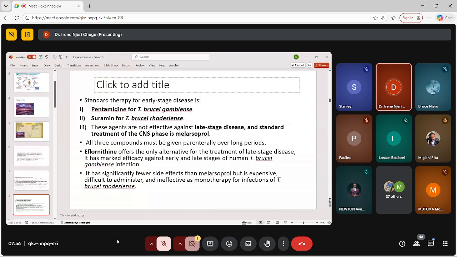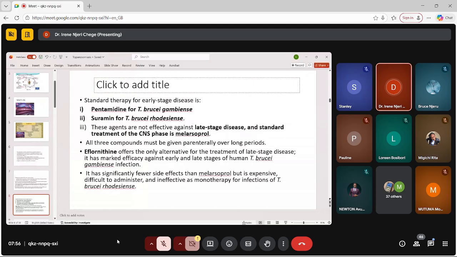Okay. Then we have another drug known as eflornithine. Now, eflornithine is an orphan drug. Eflornithine is the only alternative for the treatment of late-stage disease, and it has marked efficacy against early and late-stage human T. brucei gambiense infection.